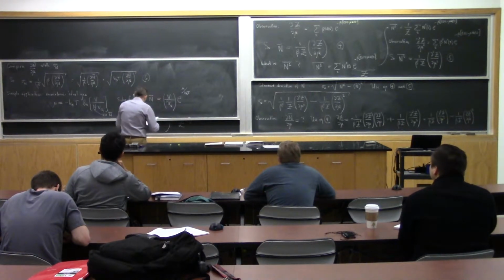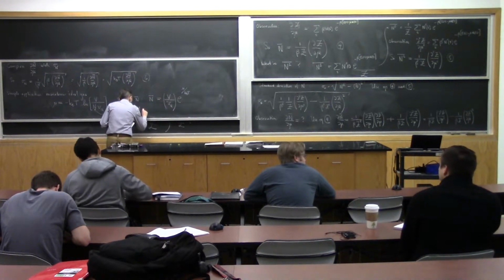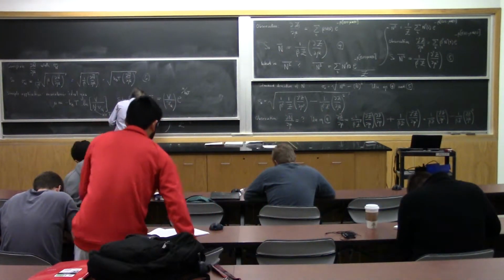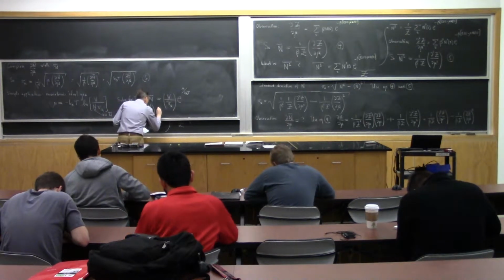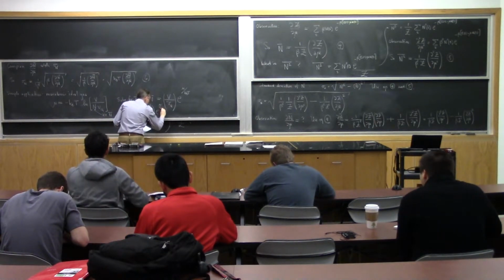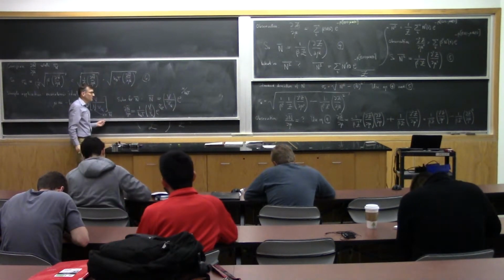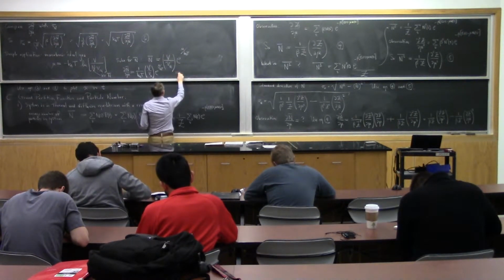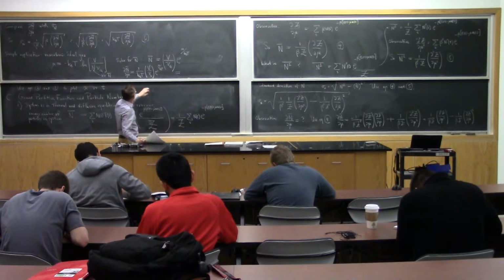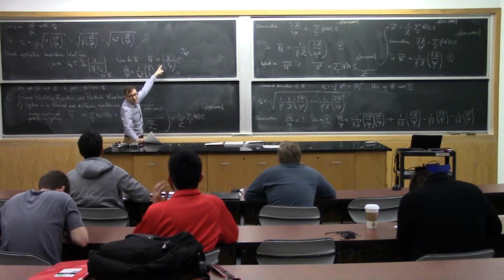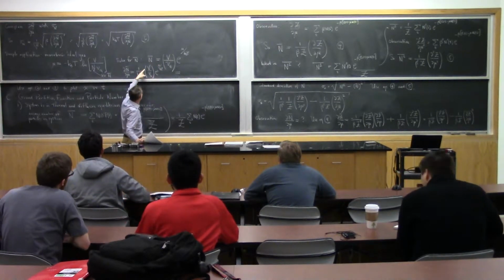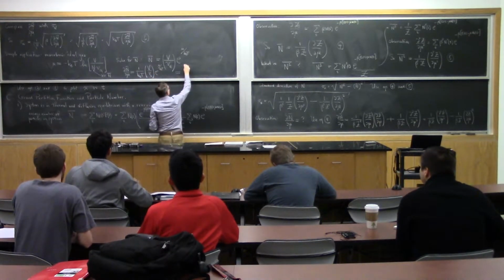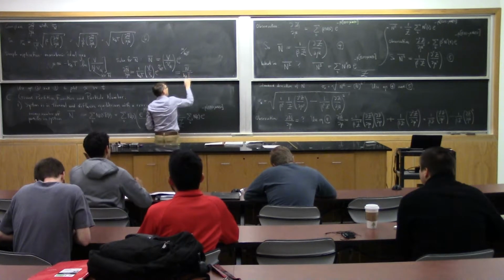So this will be 1 over kBT times capital V over the quantum volume, e to the mu over kBT, right, from the derivative. But wait, what's this part right here? It's N bar, yes?